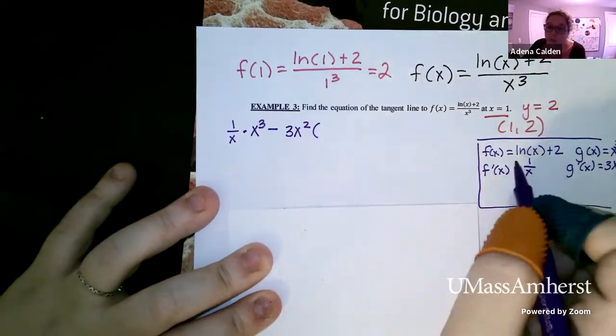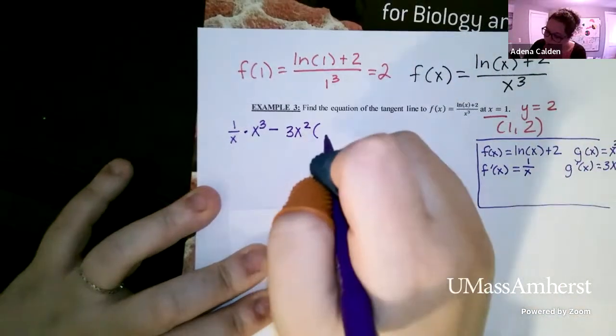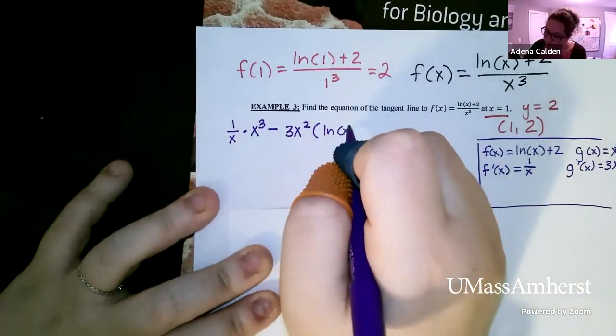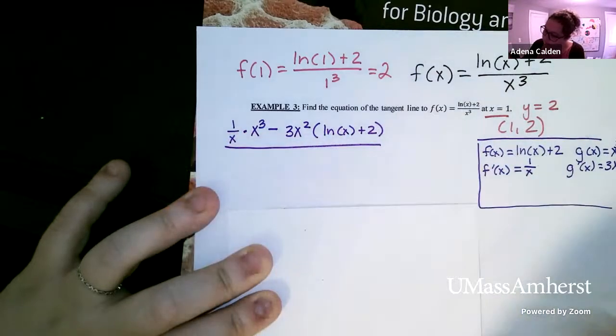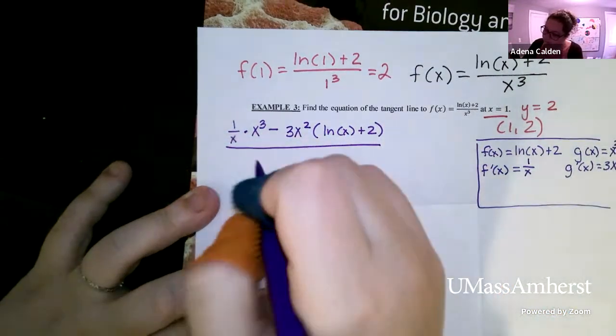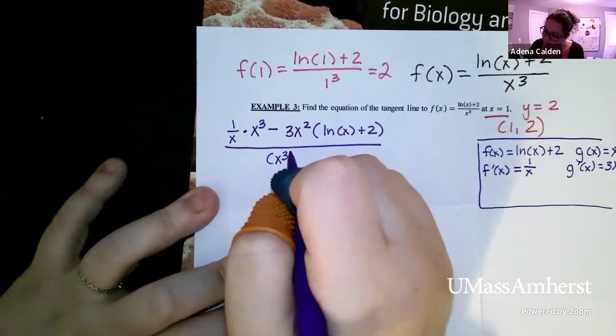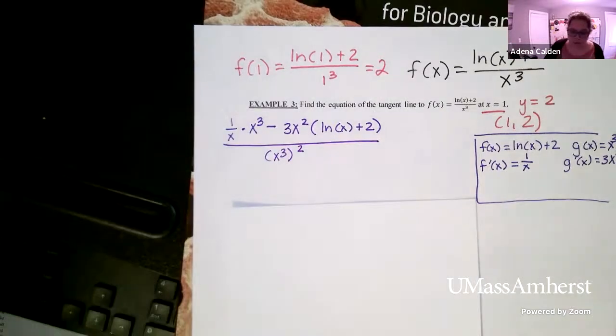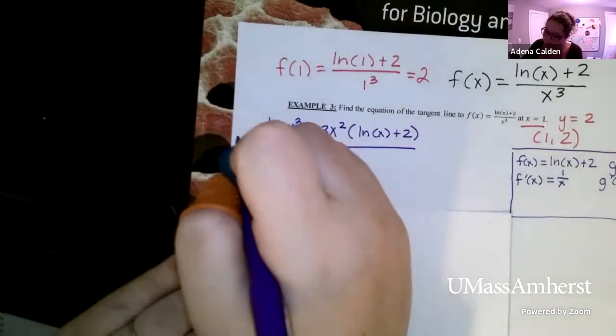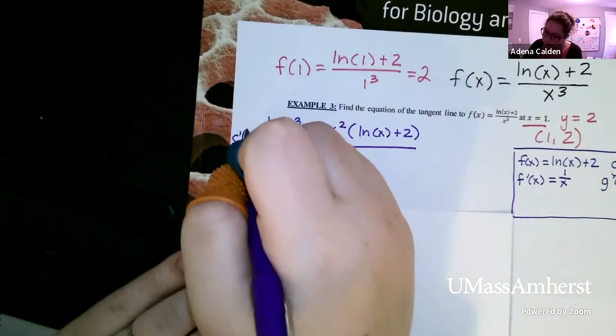Now my f has 2 terms in it, so I'm going to use parentheses: natural log of x plus 2, divided by g squared. So x cubed squared. So I found the general derivative first. This is my f prime of x.